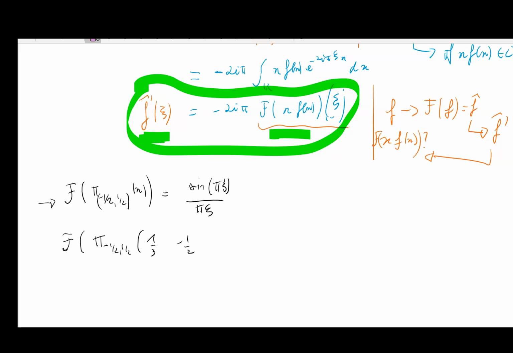Let's say that's 1 over 3 times x minus 1 over 2, and that's going to be a function of psi. So you see, I've got some scaling and some translation. So let's make it correctly one at a time.